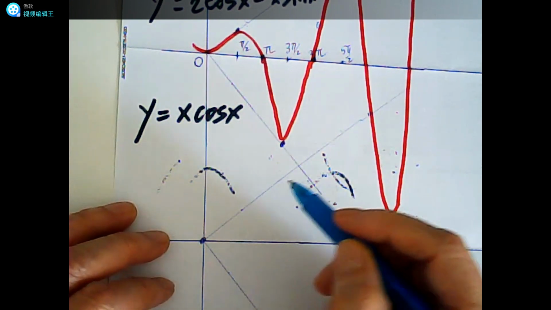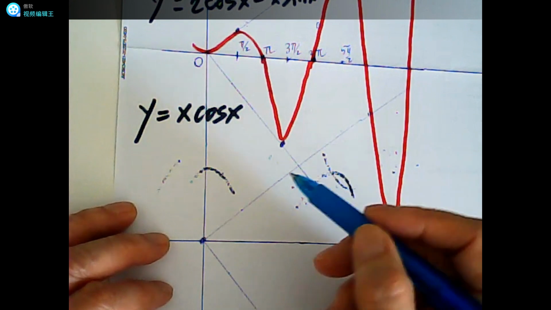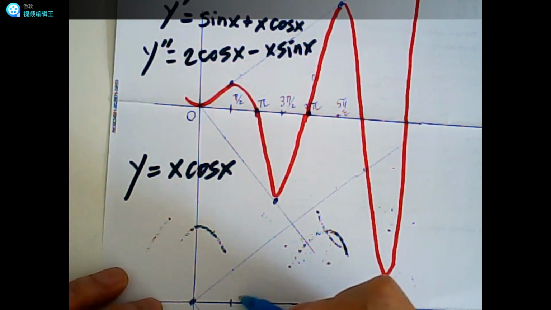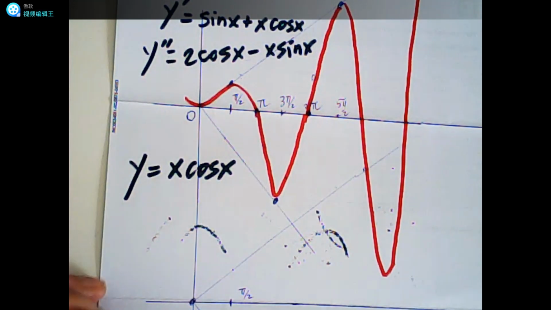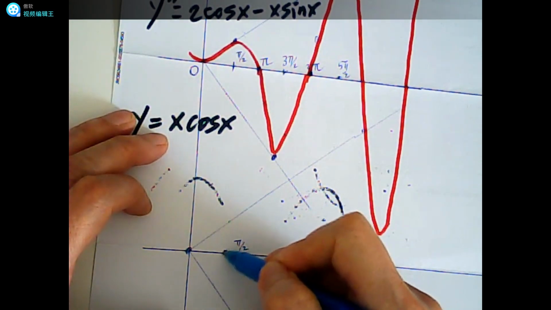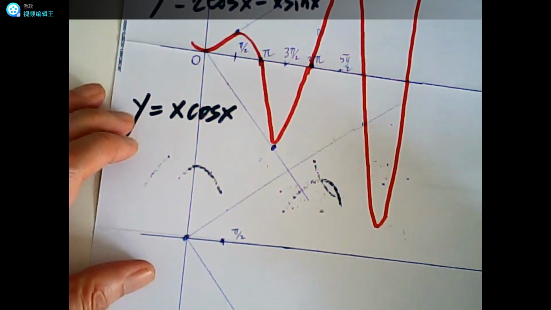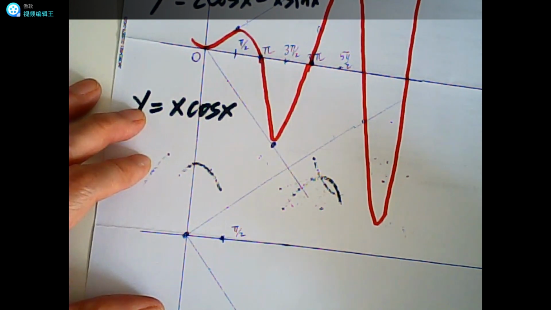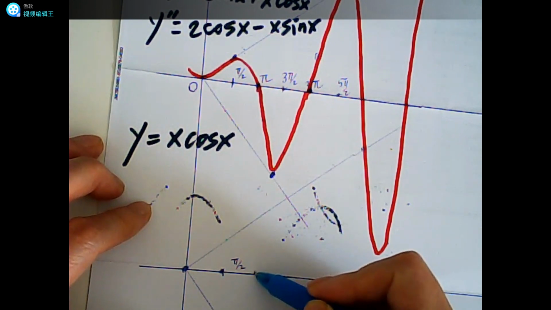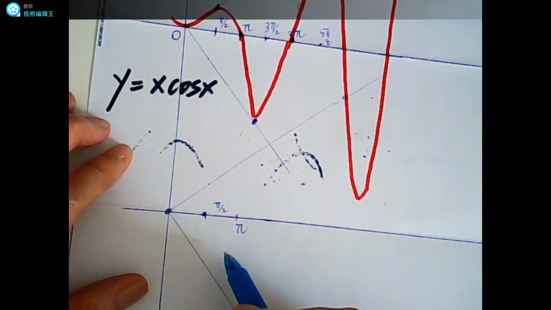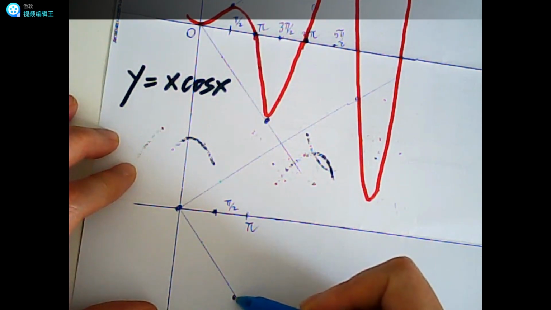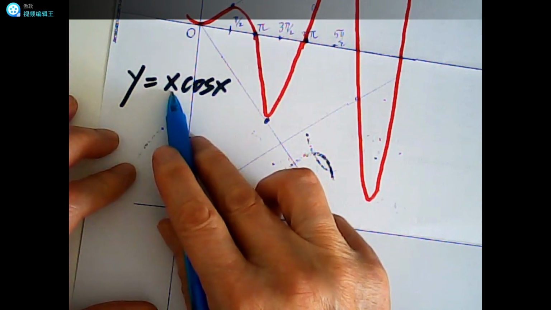When x is half pi, then it's also 0. And when x equals pi, then y equals -1, right? So -1 times pi is -pi.